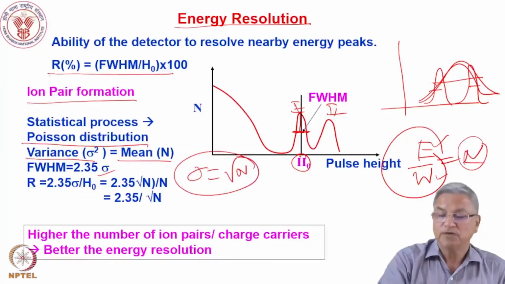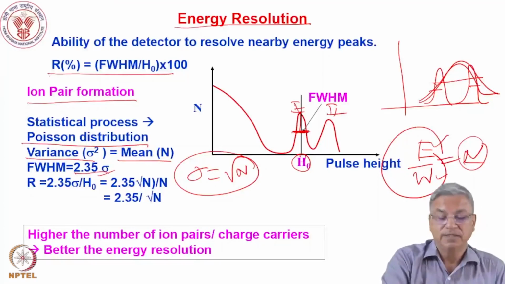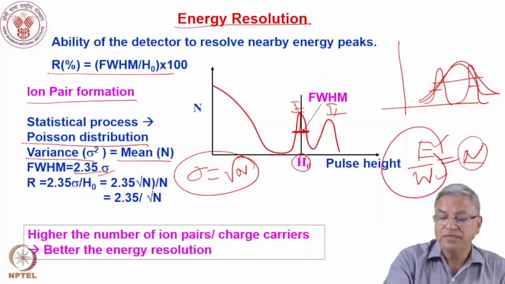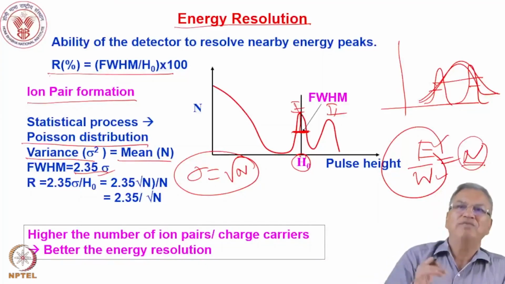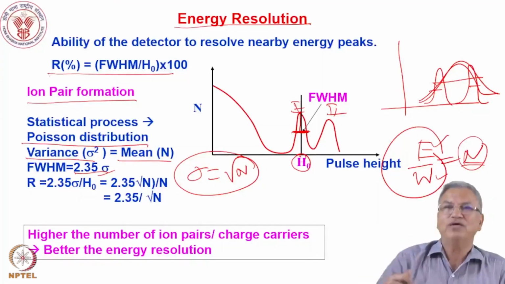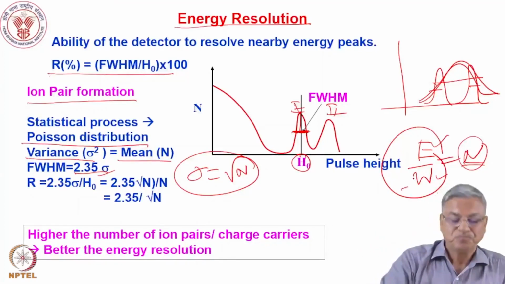The fluctuation will actually be 2.35 sigma for a Gaussian. The fluctuations in the pulse height are related to the square root of the number of ion pairs. So if you want a better resolution, go for a high number of ion pairs or low W. That consequence we will see subsequently.